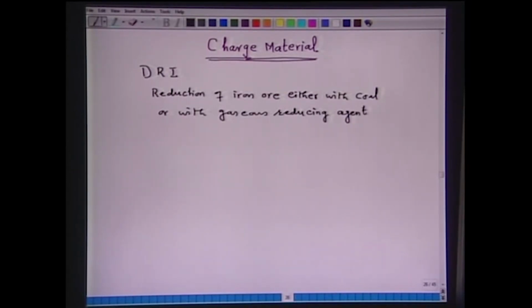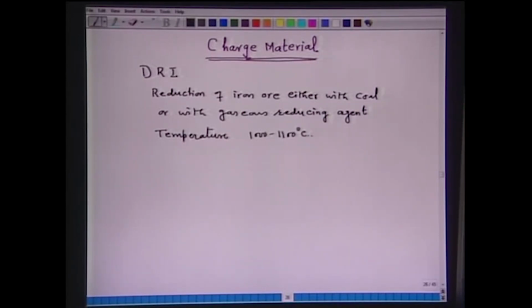So, the temperature in the production of DRI rarely exceeds 1000 to 1100 degrees Celsius.